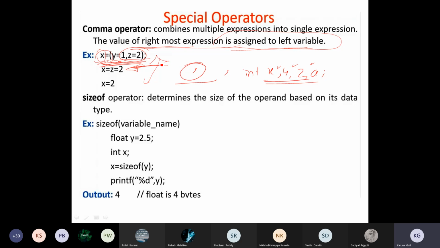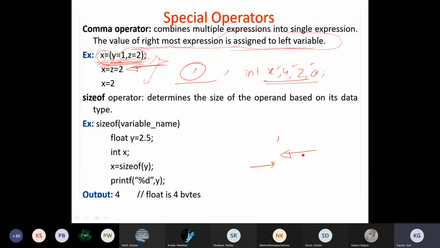Sometimes we forget that we have to evaluate from right to left. I'll be talking about that in the next classes, not now. Evaluation of expressions I'll deal with then. But if you want to remember, whenever a comma operator exists, it has to be operated from right to left, not from left to right.